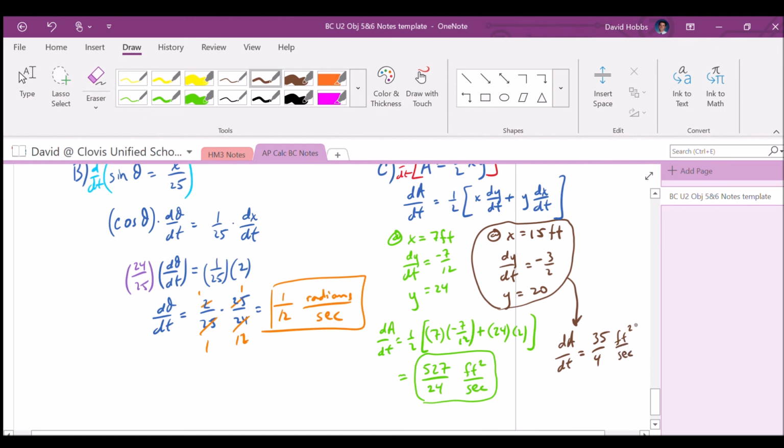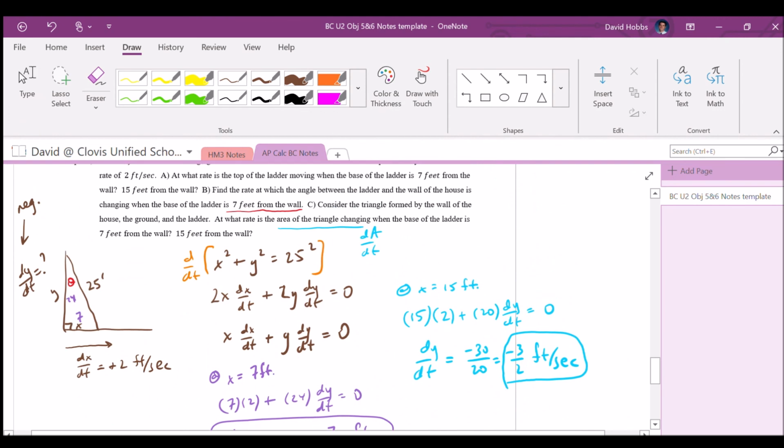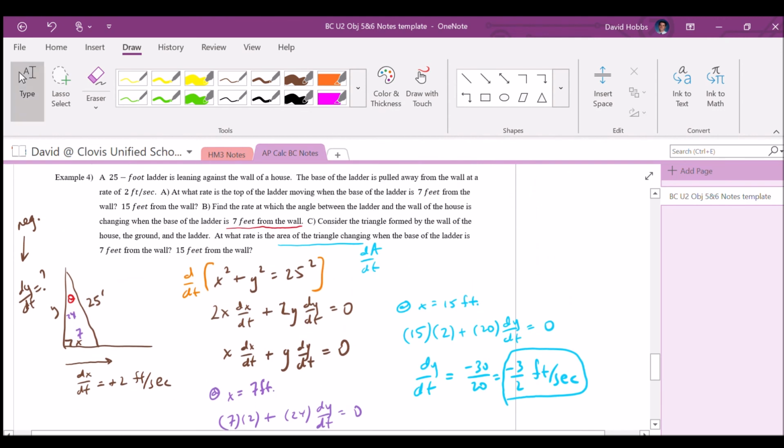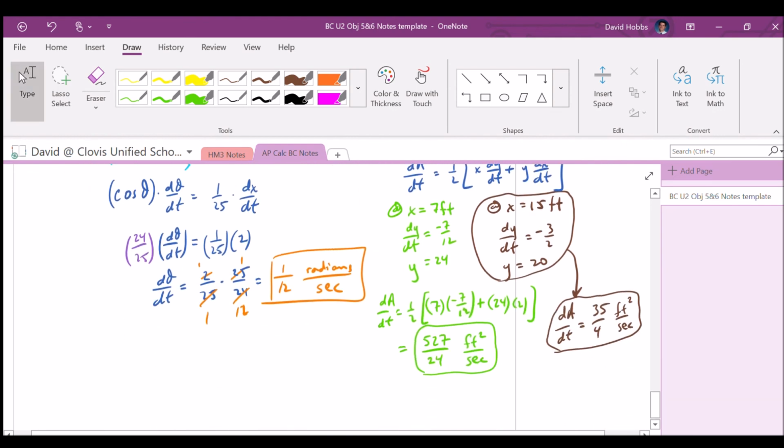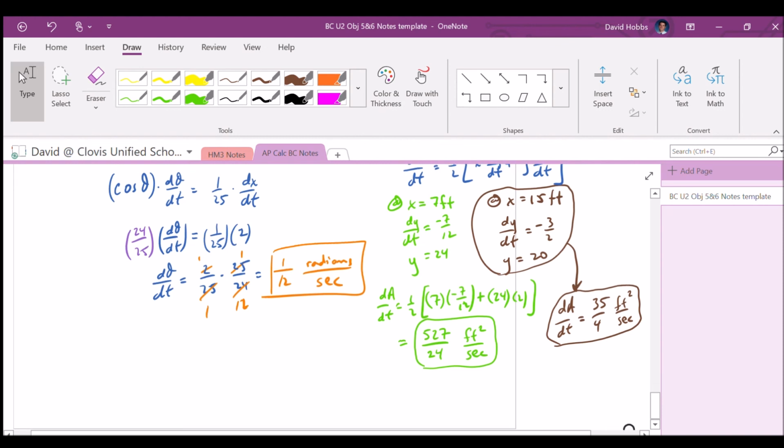Now, these are rates. Notice that they're both positive, so the area is getting bigger as the top of the ladder is coming down. Does that mean it's going to keep getting bigger all the way as the top of the ladder keeps coming down the wall? No. In fact, the rate of change of the area is bigger when the y is further up, and it's not as big, even though it's still positive, as the y value is lower.